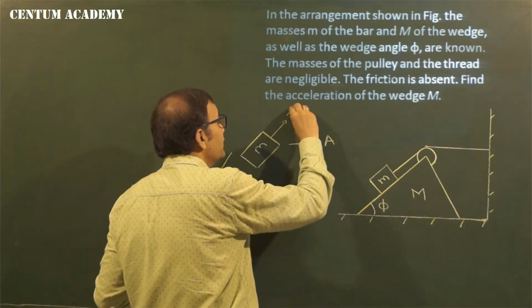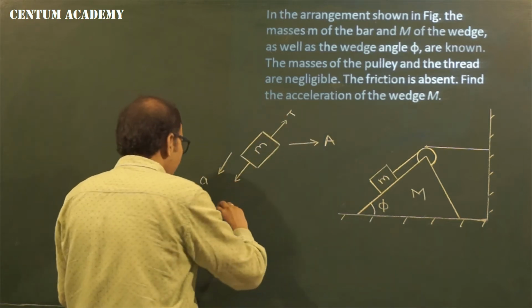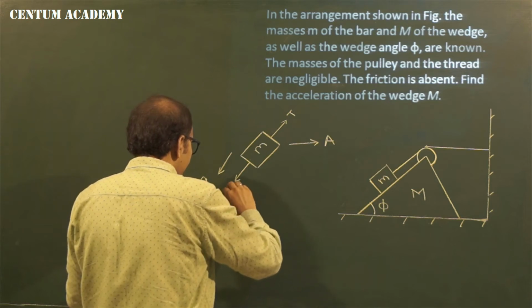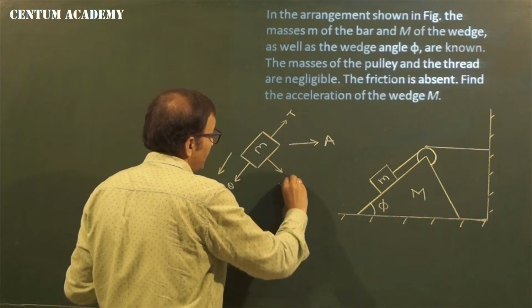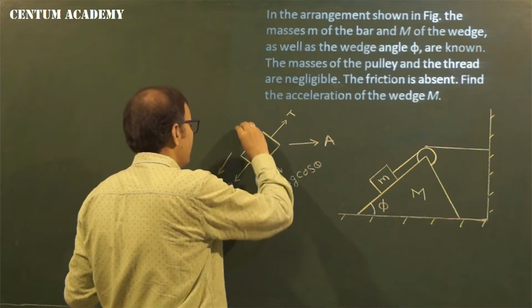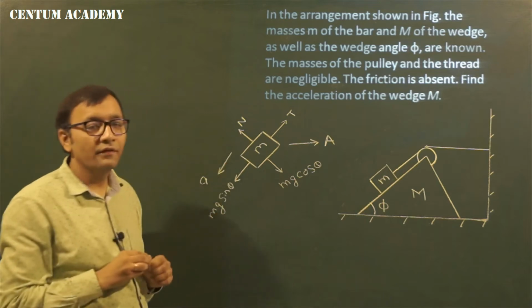There will be a tension force, right? And the component of mg, this is mg sin theta downwards, and this will be mg cos theta, and that is the normal reaction. Fine.